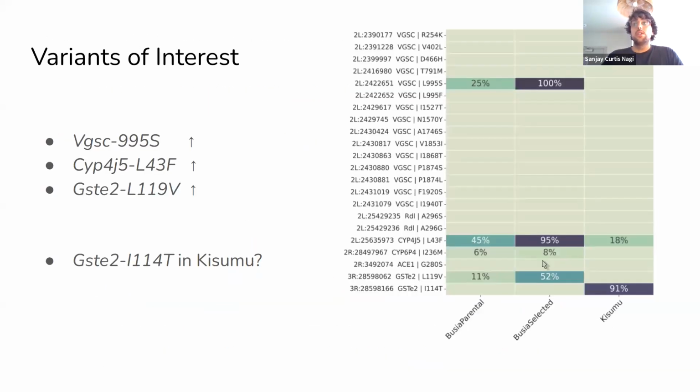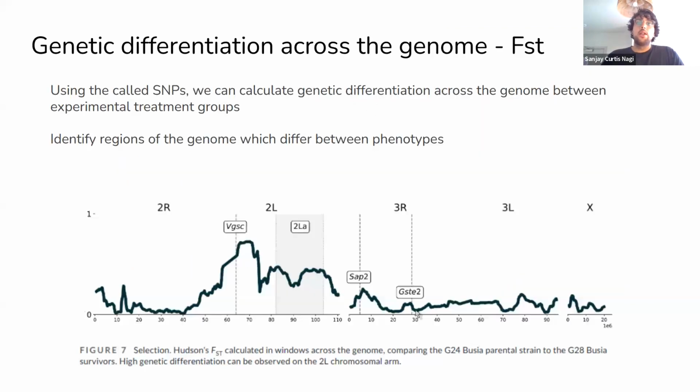Similarly, at GST2 there's a big shift, and whether or not you would call this a peak, I'm not sure, but there does seem to be potentially something around GST2 as well. And we'll touch on 2LA in a moment. So this is potentially interesting anyway. It's quite nice that we're seeing these shifts in allele frequencies, which we know are important for resistance, and we're also seeing big signals at the same loci when we look across the genome.